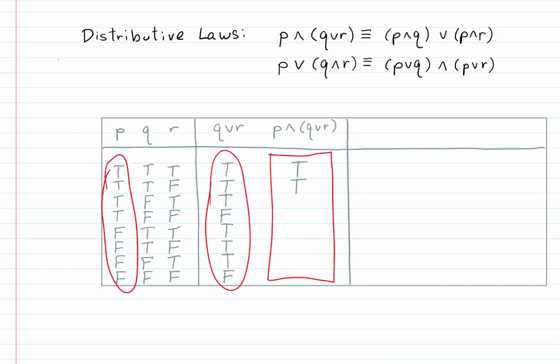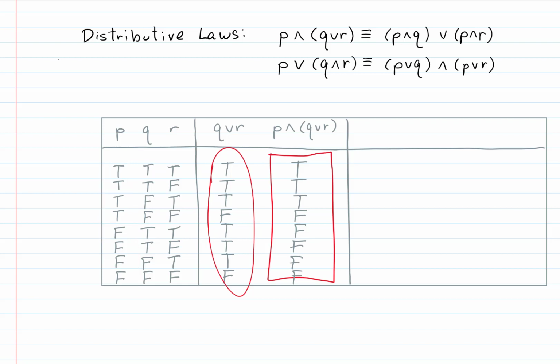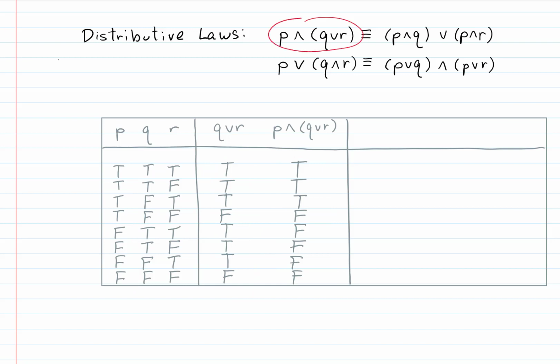And where else? Anywhere else? Here. Let's see, anywhere else where they're both true? No, in all the other rows, at least one of those two is false. So there we have the truth table for this.